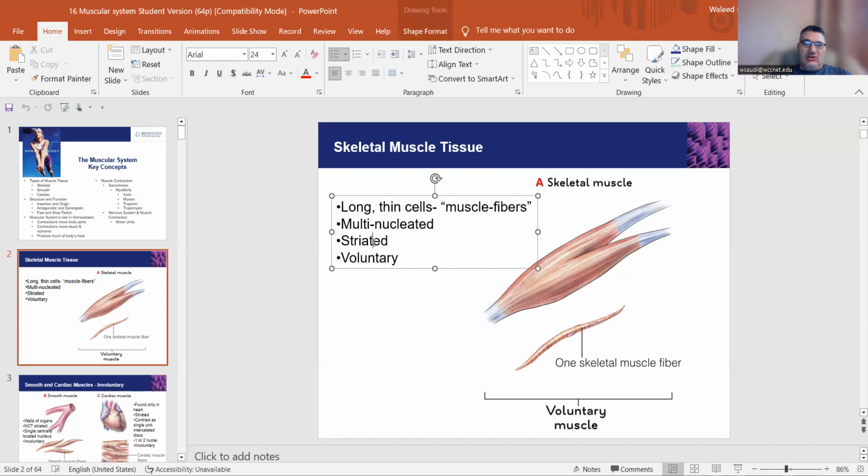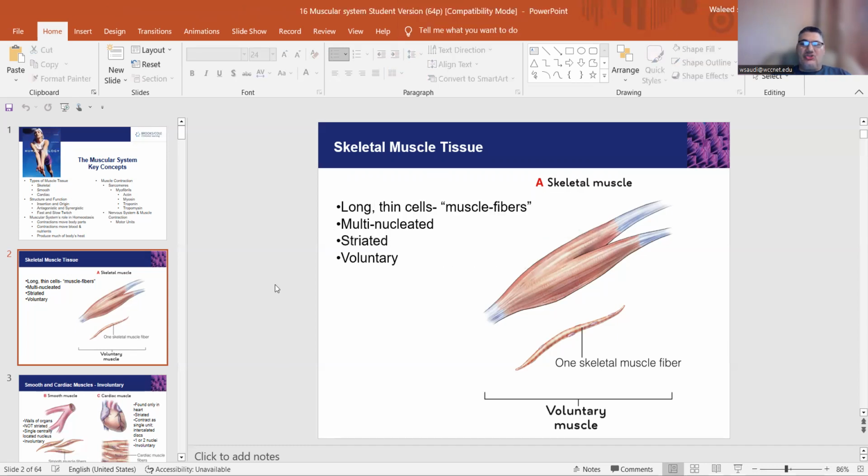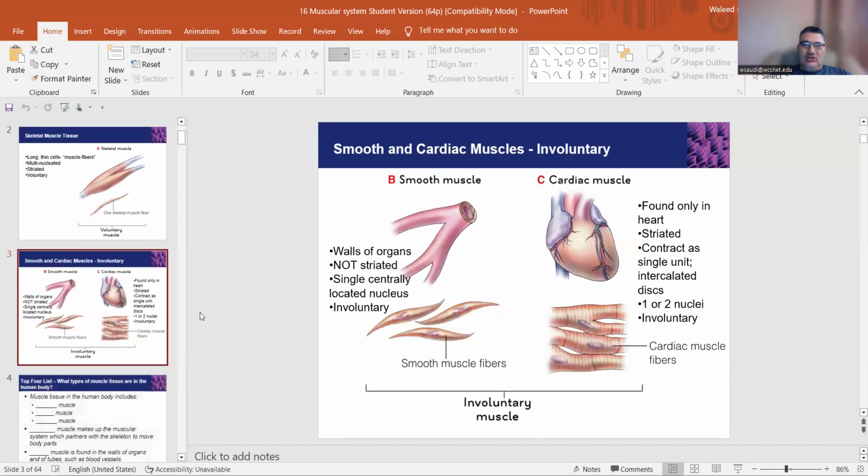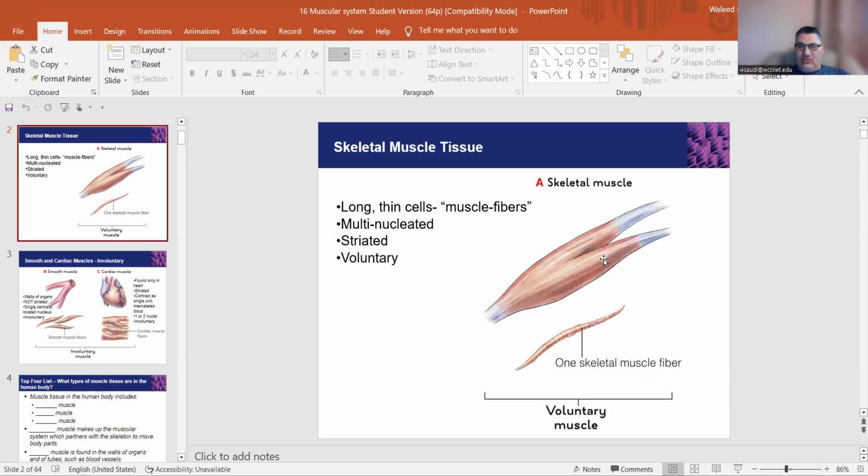The other thing is also it's striated. Striated is coming from stria, and I talked about that before. Stria, like layer after layer after layer after layer, like these parallel lines, striation. So look at this picture right here. This is different than this one right here. This one, look how this line is parallel to this, parallel to this, parallel to this.